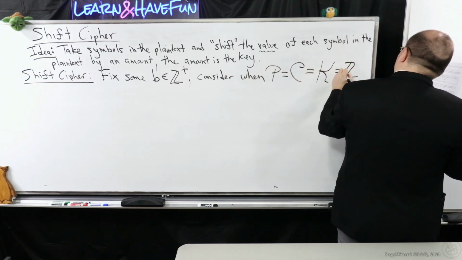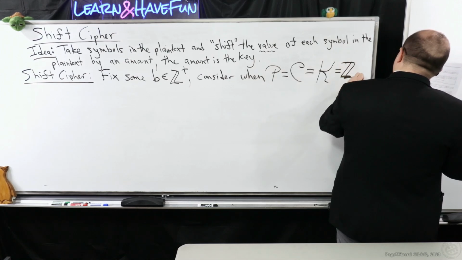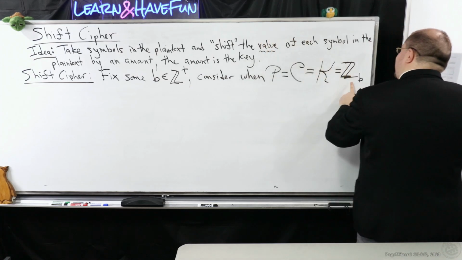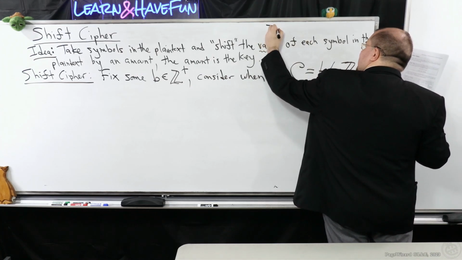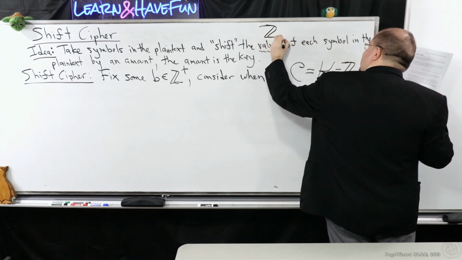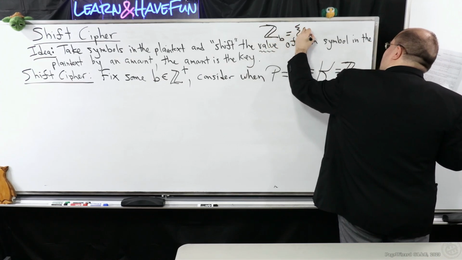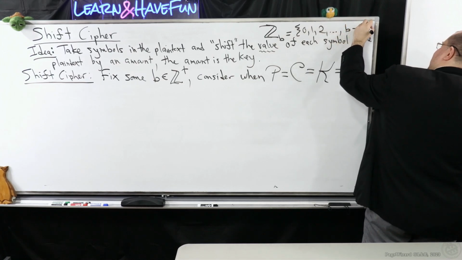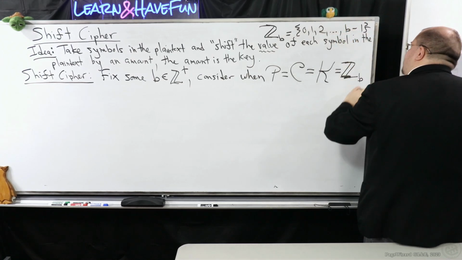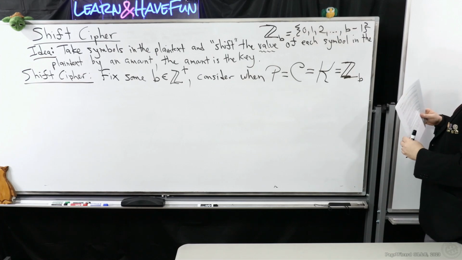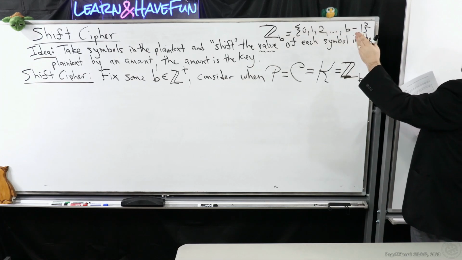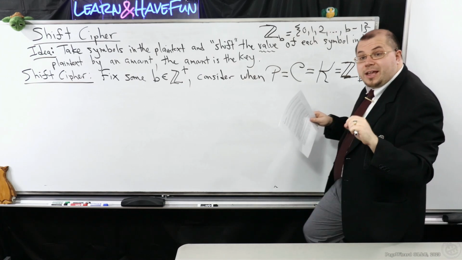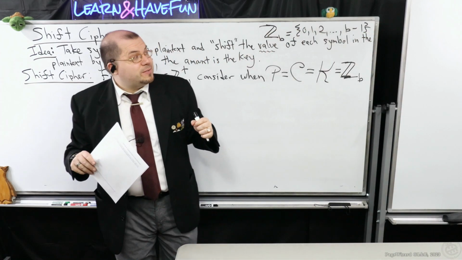It's going to be equal to the set Z_B, the integers 0, 1, 2, all the way up to, but not including B. It goes up to B minus 1. For example, if I had Z_26, that would be 0, 1, 2, 3, 4, 5, 6, 7, 8, 9, all the way up to 25.